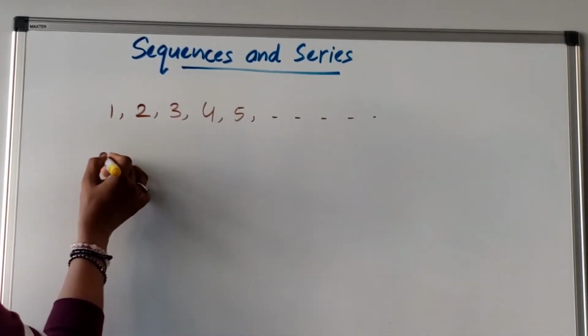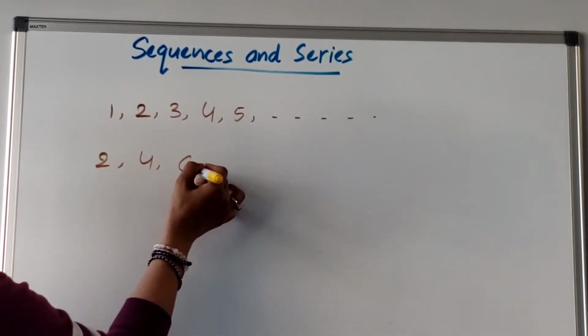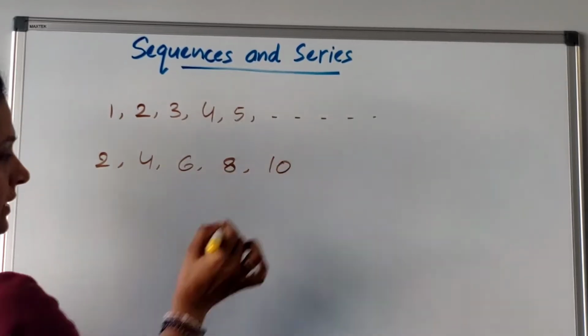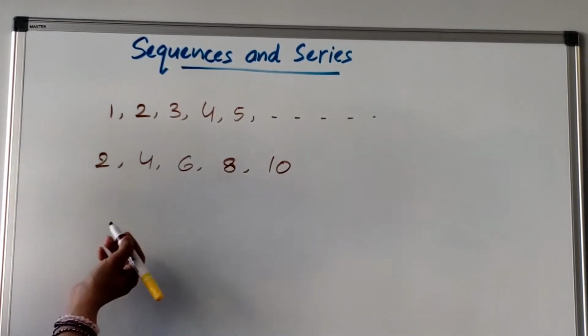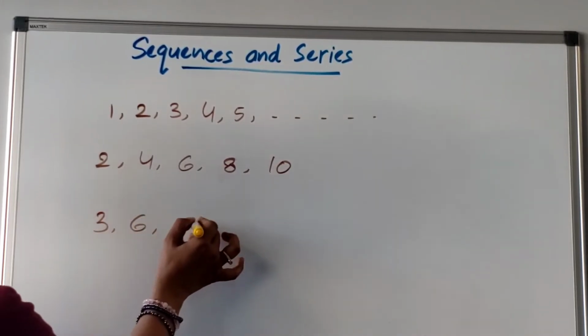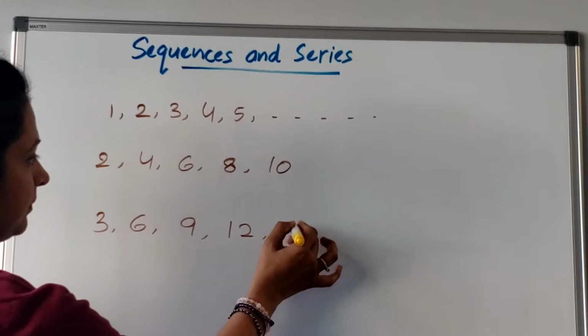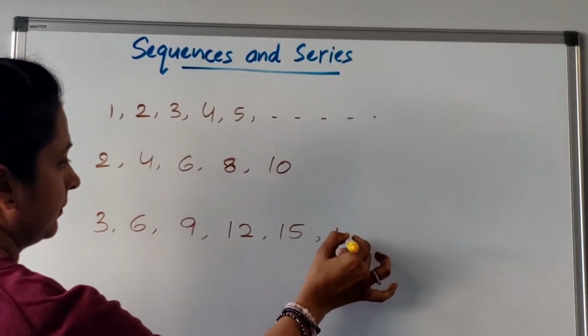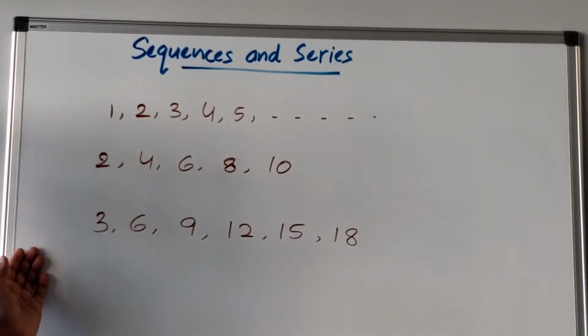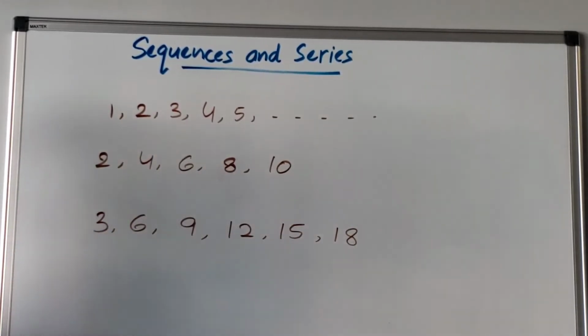I have another example which goes like this. There can be one more sequence looking like this. Now, how are these sequences identified if we look at their terms?